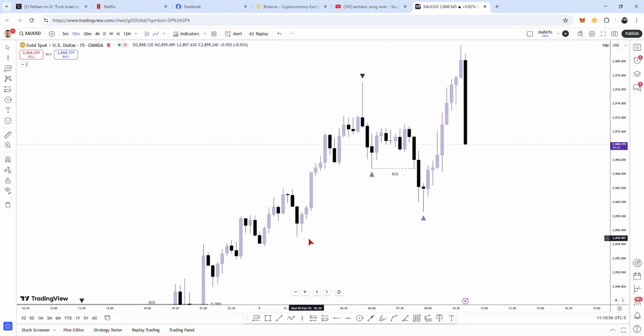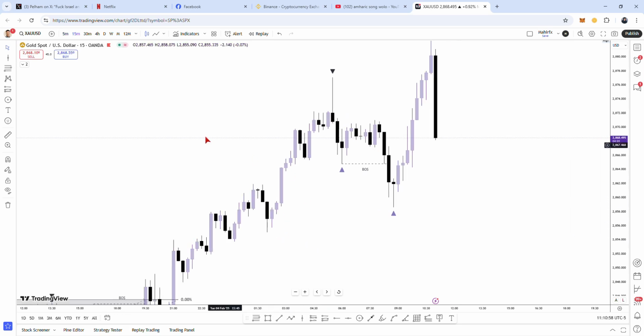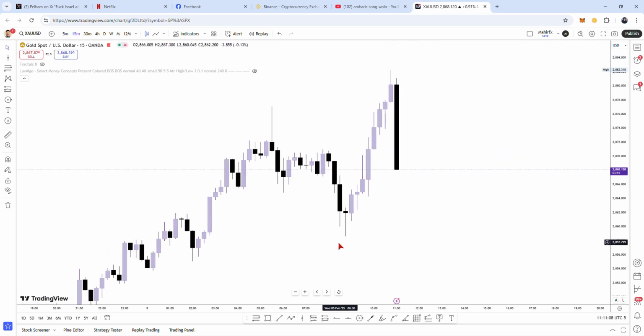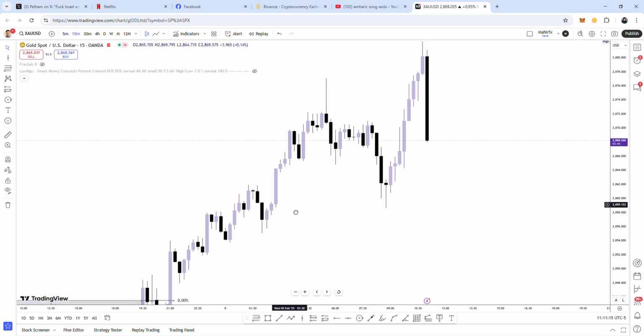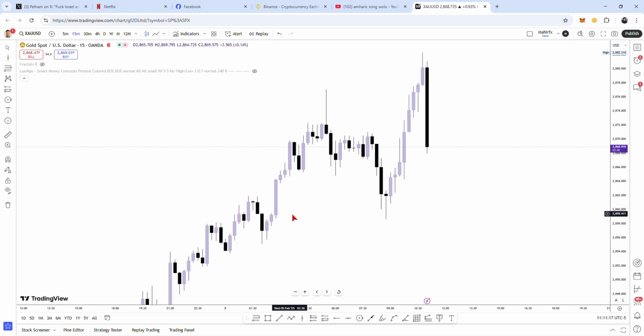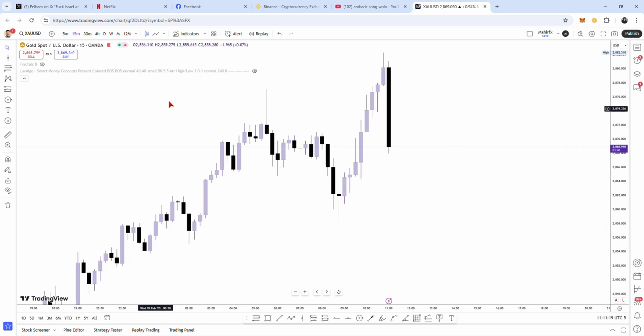Okay, what I'm going to do first of all is turn off these fractal indicators and also SMC indicators. First, I was here at this point, and directly what I'm going to do is mark the swing low and the swing high.